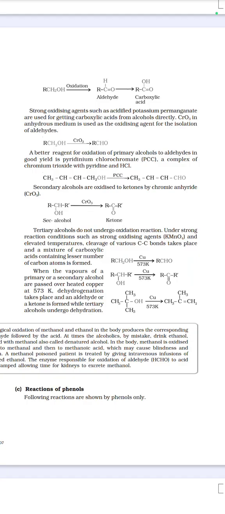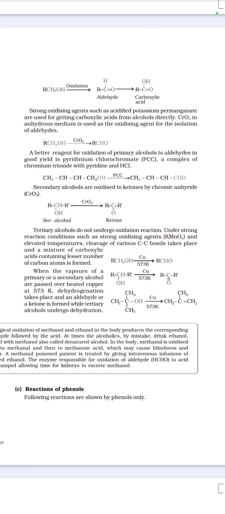Strong oxidizing agents such as acidified potassium permanganate are used for getting carboxylic acid from alcohol directly. CrO3 in an anhydrous medium is used as an oxidizing agent for the isolation of aldehyde. RCH2OH gives RCHO in the presence of CrO3.